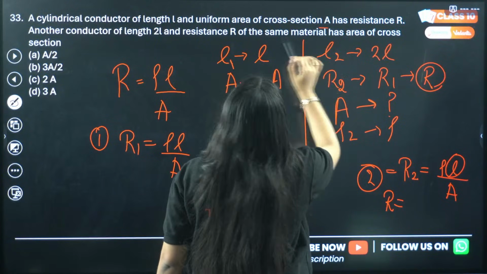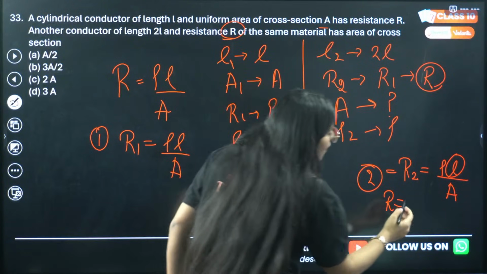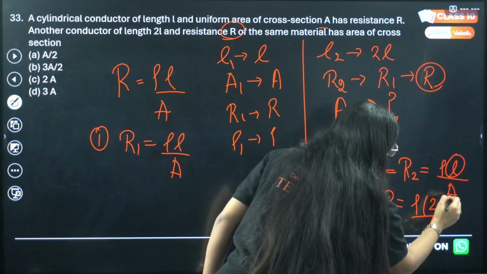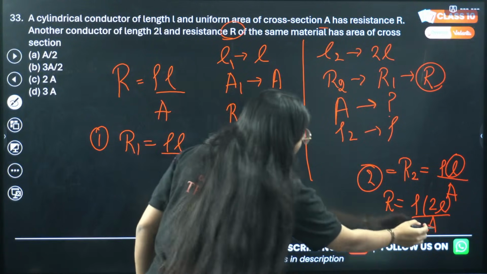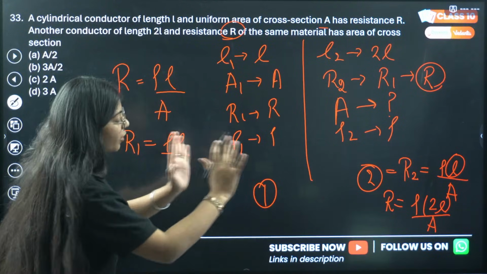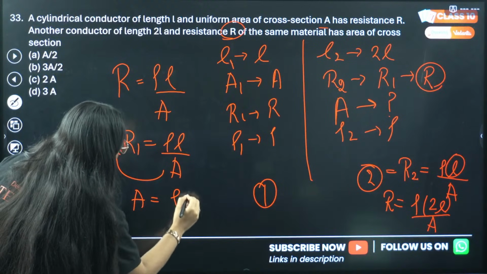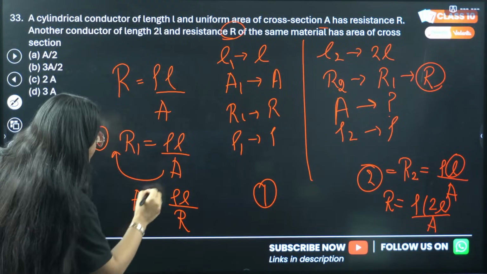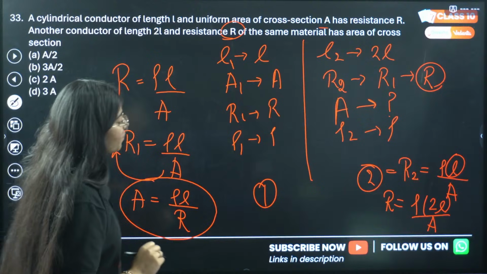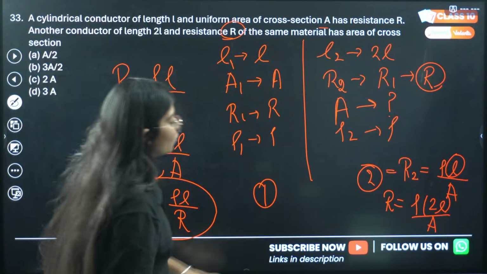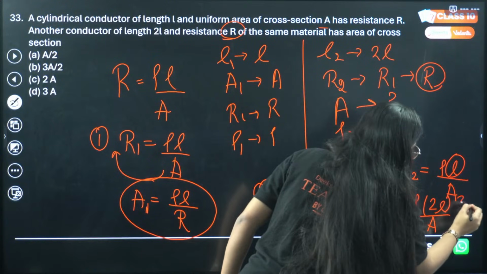It has same resistance as R. So R is rho 2L divided by A. Now take this A here. A will be rho L by R. This is A1, and this is A2.